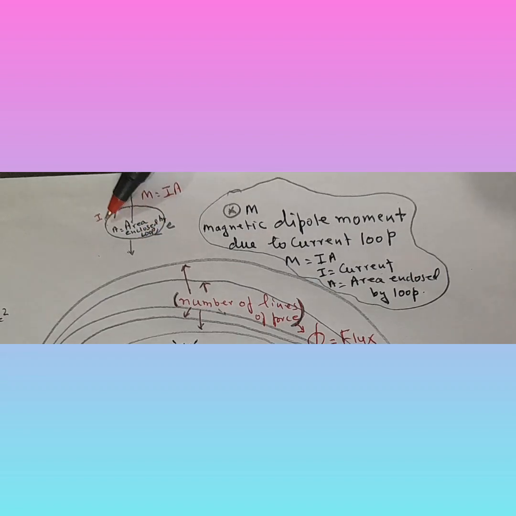I, that is the current which is flowing through the coil, and A is the area that is enclosed by this loop. So coming back here, M, magnetic dipole moment due to current loop, M is equal to IA, where I is current and A is area enclosed by loop.